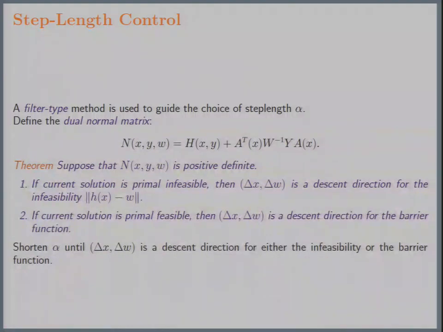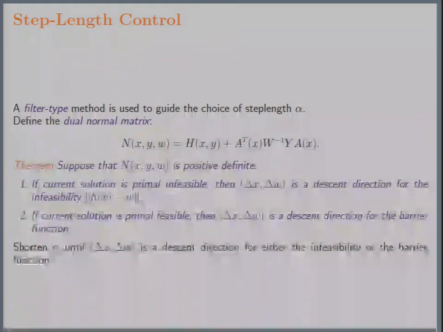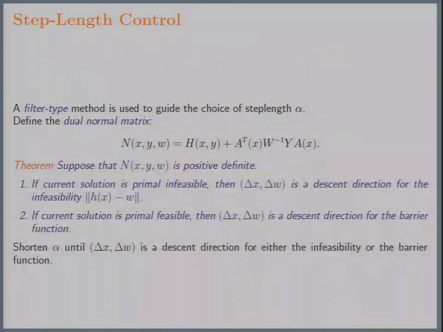And so, if we're infeasible, and this is positive definite, then one step improves the situation with respect to feasibility. If the current solution is feasible, then delta x, delta w is a descent direction for the barrier function. That's the objective function with the barrier terms added in. And as mu gets small, that becomes close to the objective function.